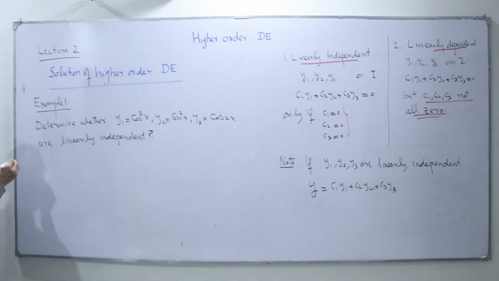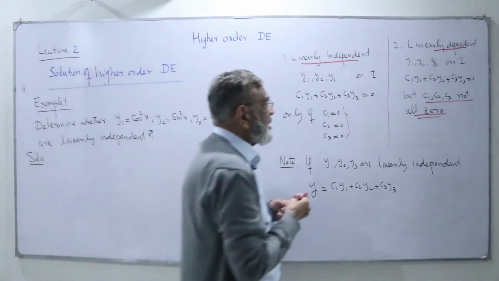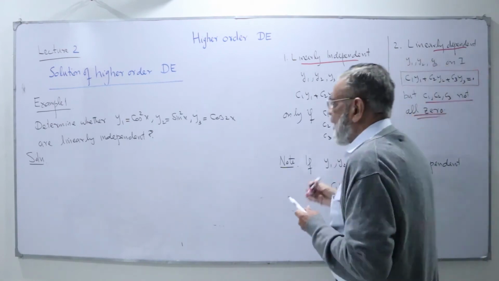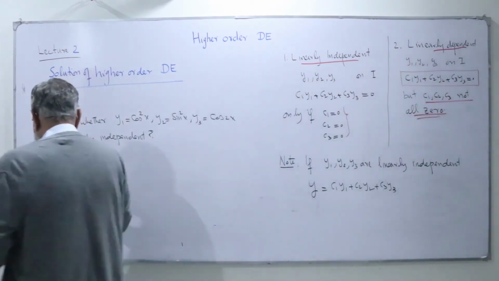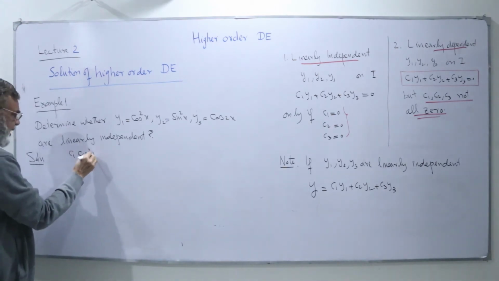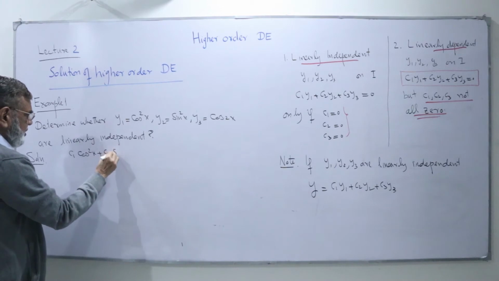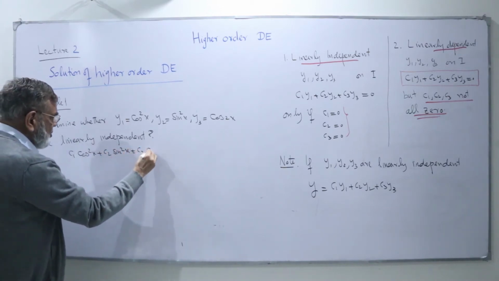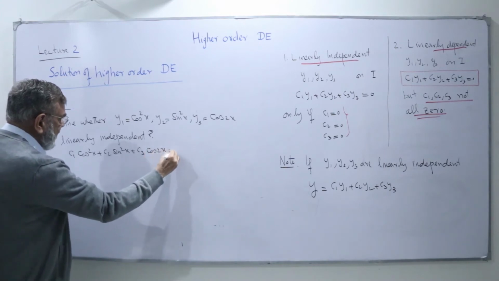So for the solution, we take the linear combination of these, put that equal to 0. As we said, we take C1 y1, C2 y2, C3 y3 and put this equal to 0. We have here C1 cosine square x plus C2 sine square x plus C3 cosine 2x equal to 0.